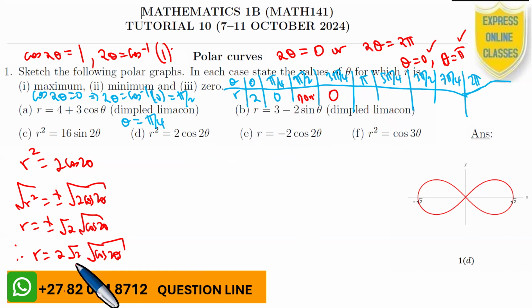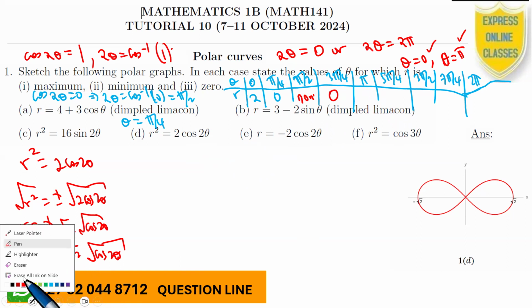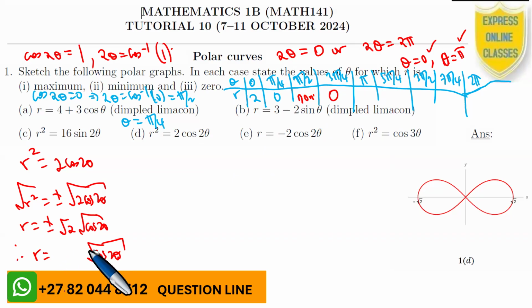At 0, it's going to be the square root of 2. I've put an extra 2 here. It should not be there. So this must be the square root of 2 cosine 2 theta.